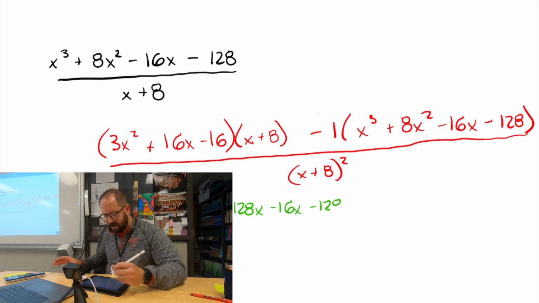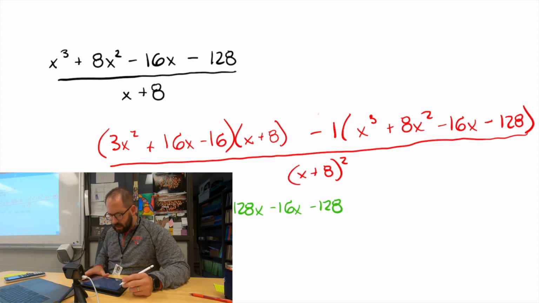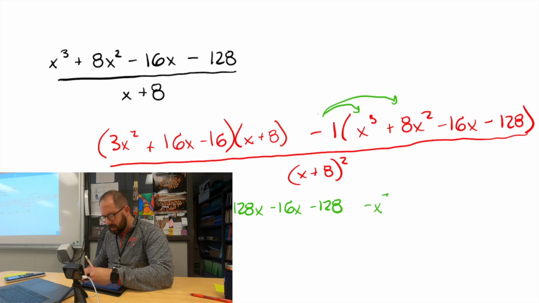I think that's 8 times 16, right? Yeah, it's 128. And so that's foiling that top left corner. And then I'm going to distribute this negative sign to the back over here. So this is minus x cubed minus 8x squared plus 16x plus 128.